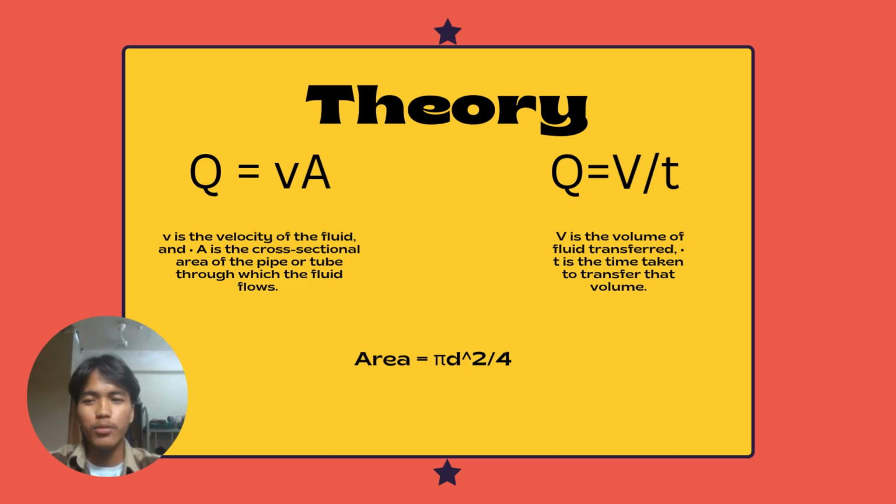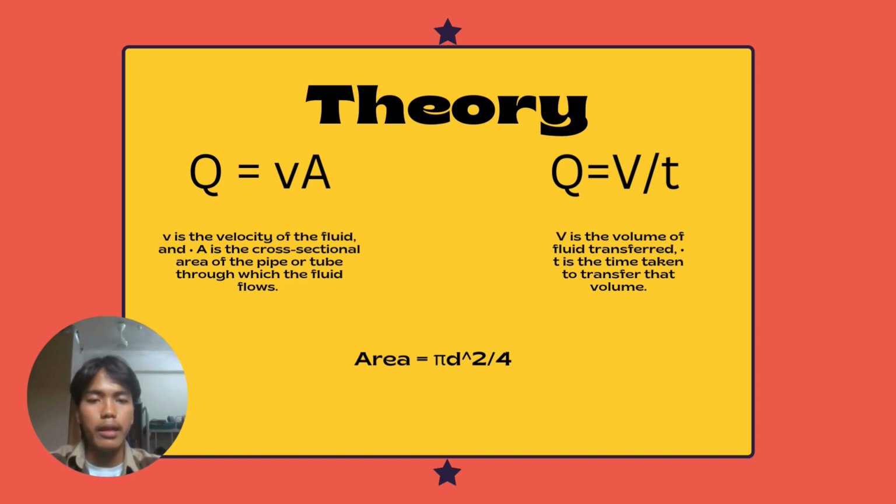Now we continue to the theory part. In this experiment, we use two formulas, which are Q = VA and Q = V/T. We know that the diameter of the tube is 0.008 meter, and we can find the area.